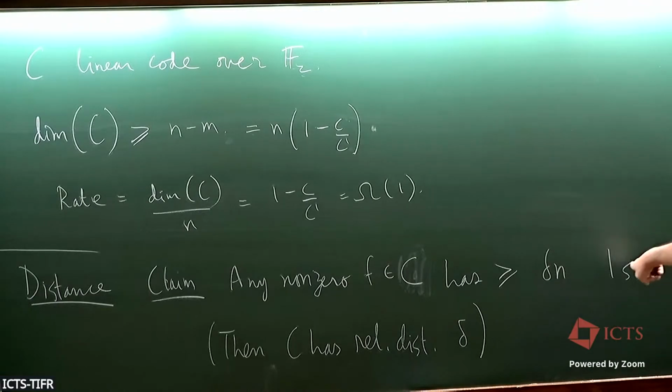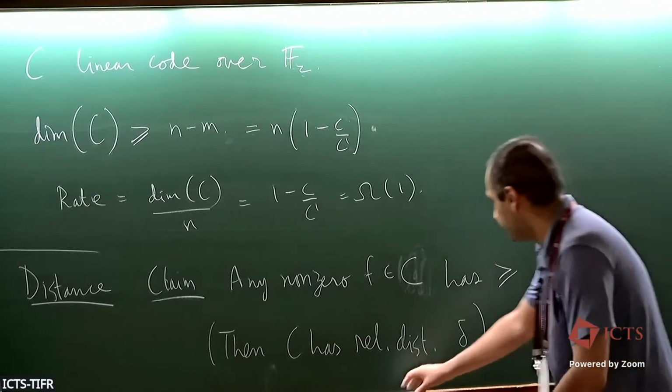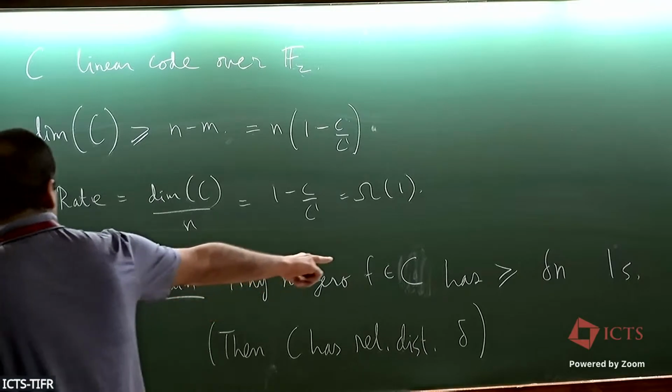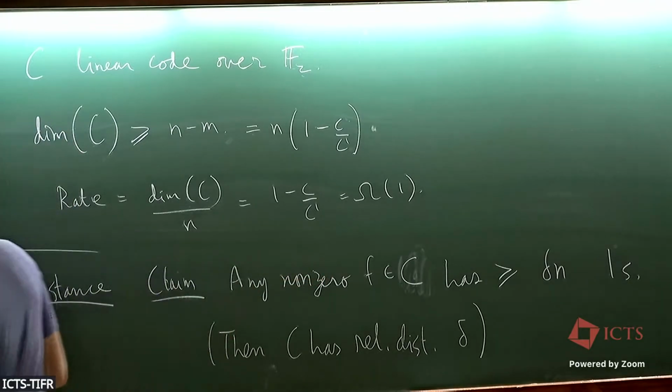Okay, so I'm going to now show this. Can you have a string, you have an assignment of zeros and ones on this side with very few ones? We want to show that this is not possible. There are ones, but there are very few of them. Can you have an assignment of zeros and ones here such that all the neighbors on this side have an even number of ones in their neighborhood? This is exactly the question of is there a string in the code with a small number of ones?